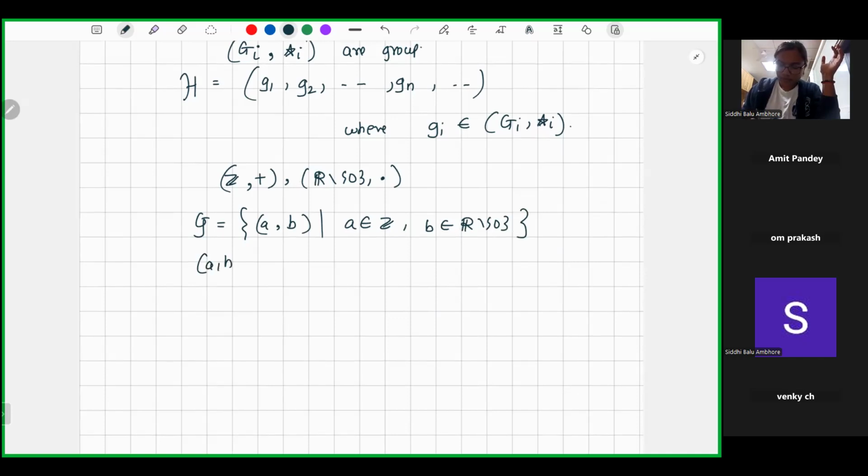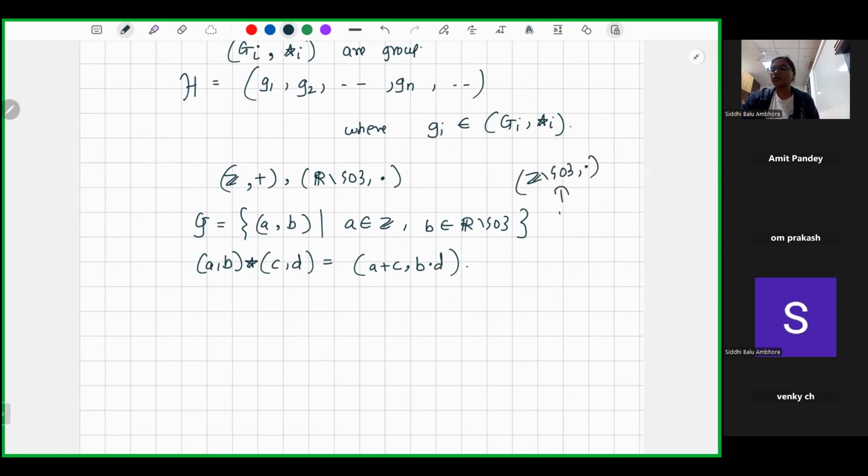And suppose G is under star, where A comma B star C comma D is A plus C comma B into D. At each component, we need to have a group. That's what I'm saying. Z minus 0 under multiplication is not a group, so that won't work.